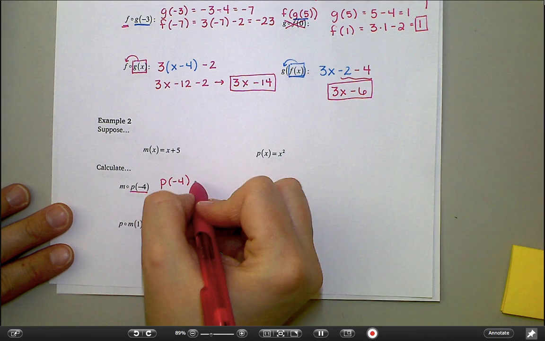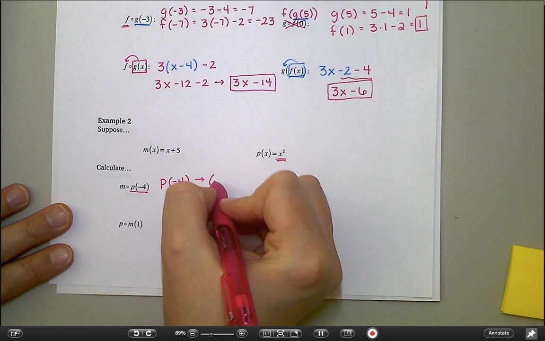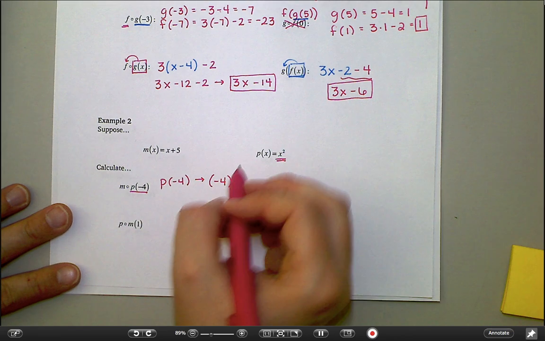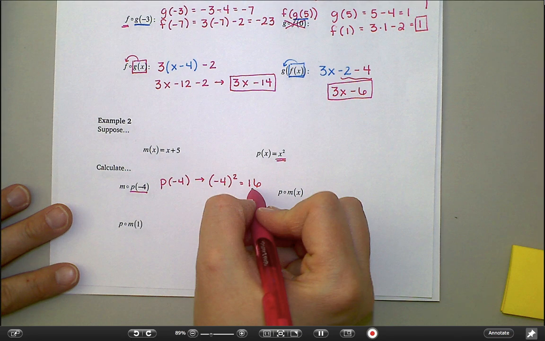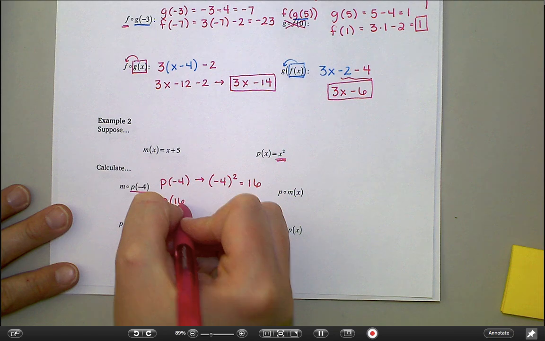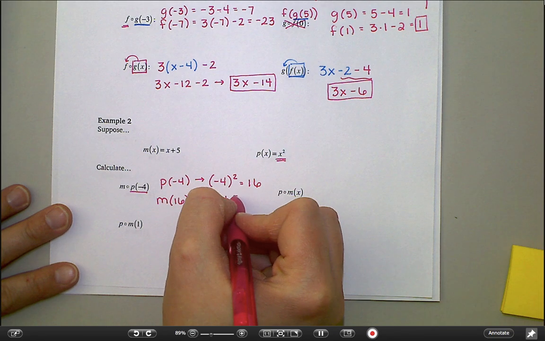Be careful here. So you're plugging that in to x squared. So that would be negative 4 squared. Don't forget your parentheses if you're going to use your calculator on that, because it should be positive 16. And then we want to bring that down here and do m of 16. That would be 16 plus 5, which is 21.